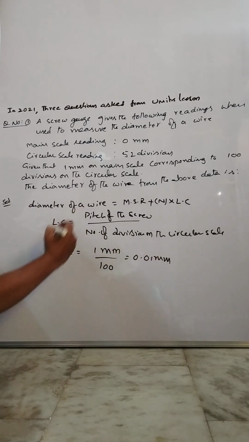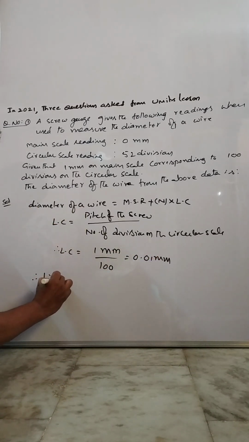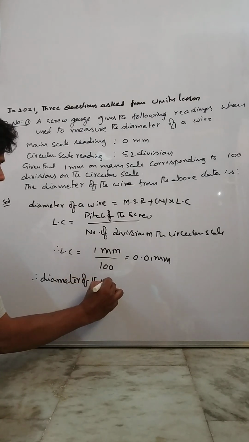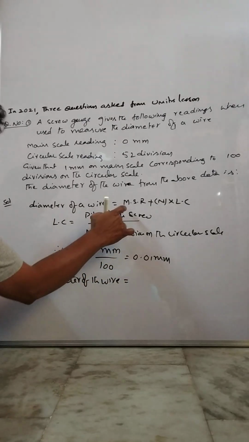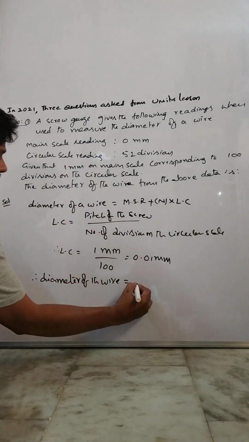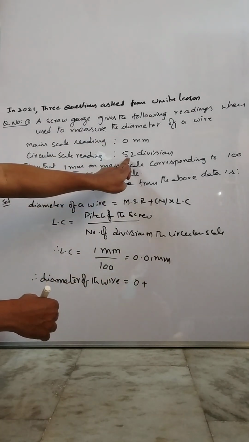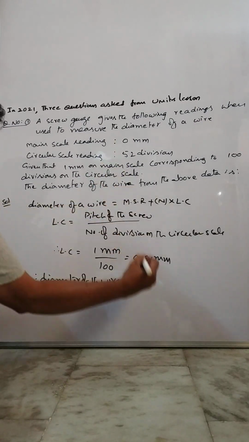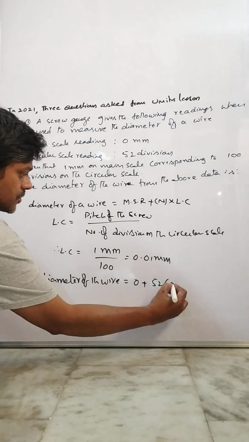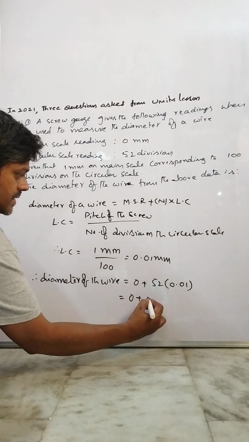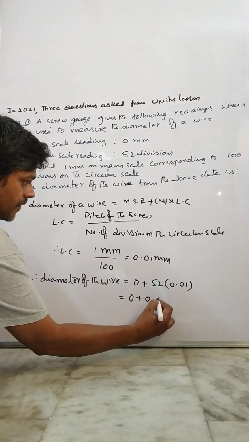So the diameter of the wire is equal to the main scale reading, which is given, 0 millimeter, plus the number of circular scale divisions which coincide, 52, into the least count 0.01. So it is equal to 0 plus 0.52.